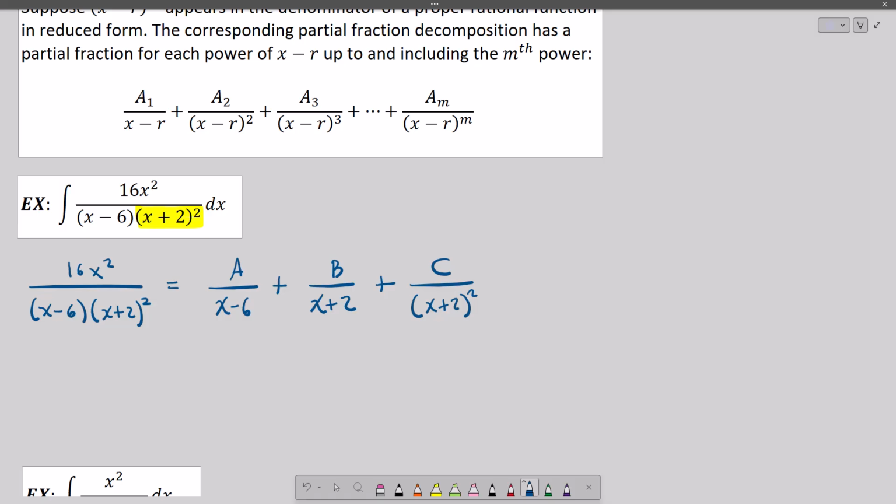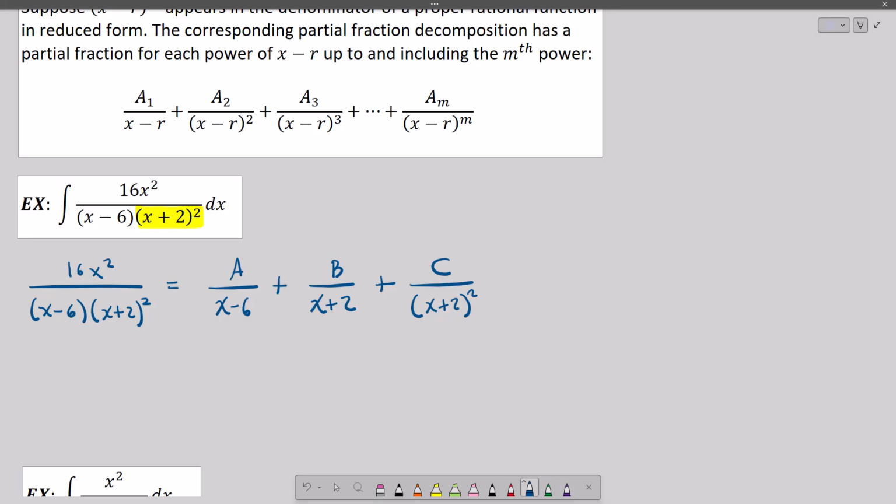So if we just had these two and you multiply top and bottom by the corresponding denominators, you're not going to build up to an x plus 2 squared. So we need to have the highest power here, so that we can get back to that when we create our least common denominator.